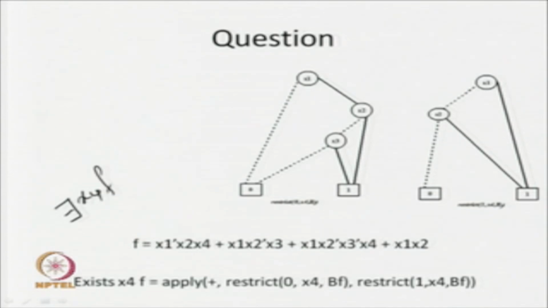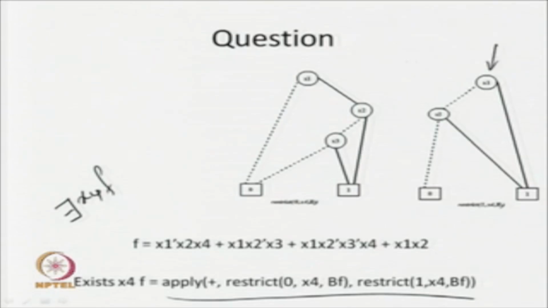That means we evaluate this with the help of the expression apply plus on restrict x4 to be 0 and restrict x4 to be 1. So, I am having these two operations for restrict 0 and restrict 1. In that particular case what will happen?